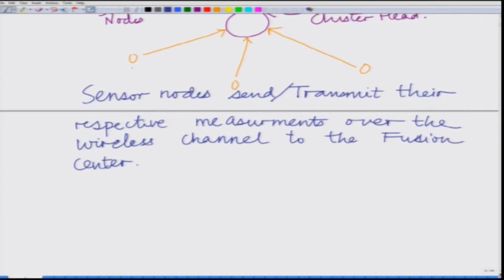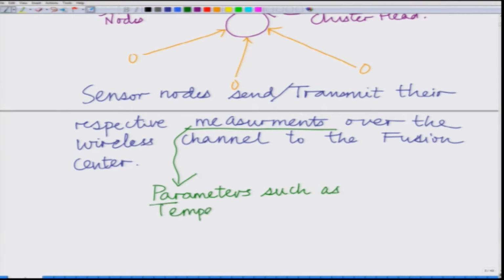For instance, this can be measurements of ambient parameters such as your temperature, pressure, etc.